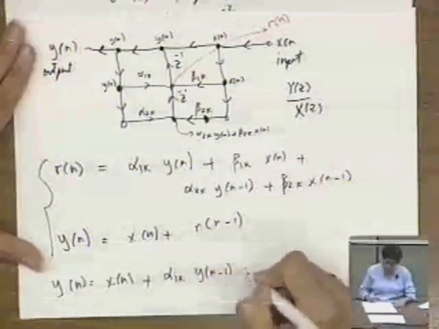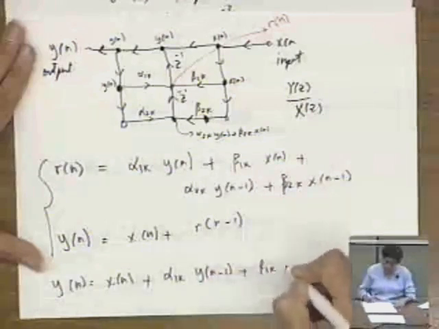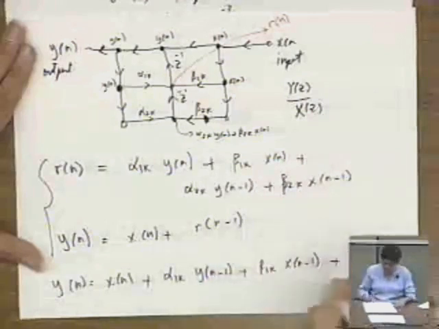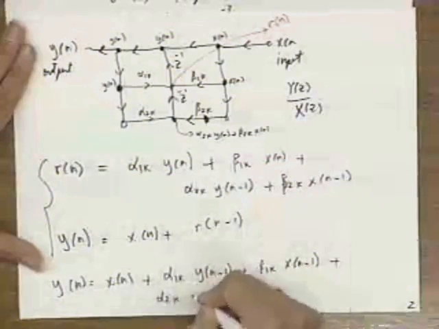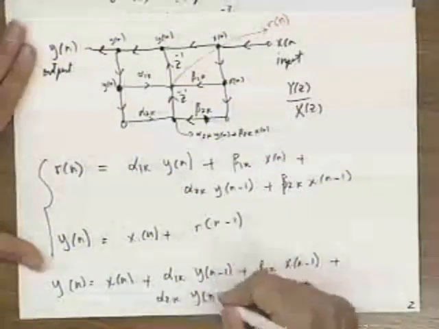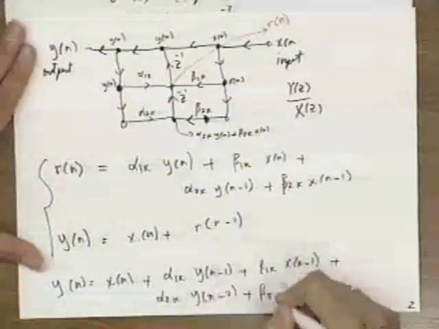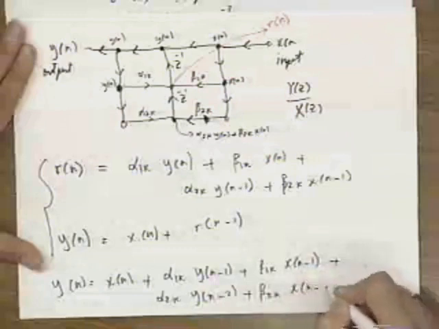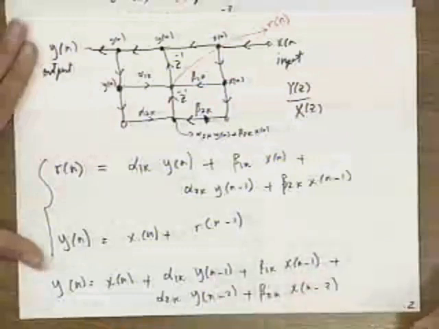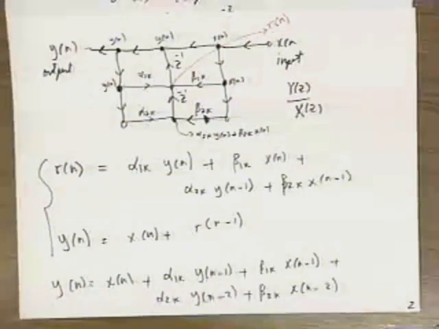So it would be alpha 1k y of n minus 1, plus beta 1k x of n minus 1, plus alpha 2k y of n minus 2, plus beta 2k x of n minus 2. So this is the expression now purely relating y of n to x of n.